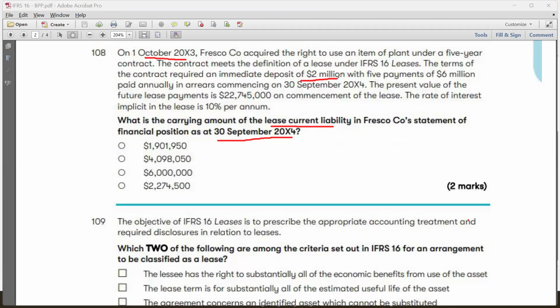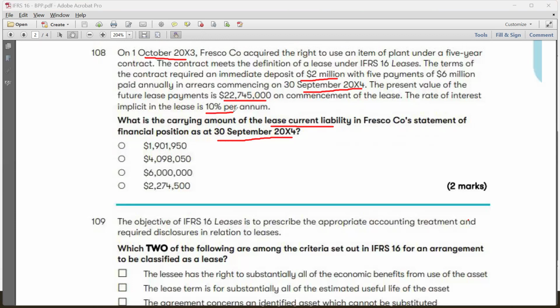So this is the upfront payment, with 5 payments of 6 million to be paid in arrears commencing on 30th of September 2024. So this is at the end of the first year. We have to make the first payment, and this is in arrears, after the first year is over. And the present value of the future lease payments is 22,745 at the commencement of the lease, and the rate of interest implicit in the lease is 10%.